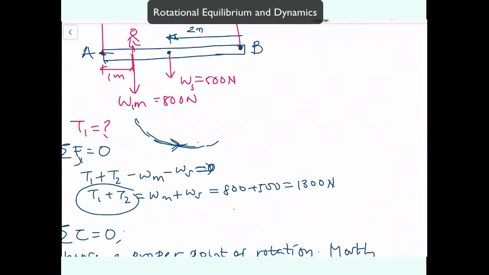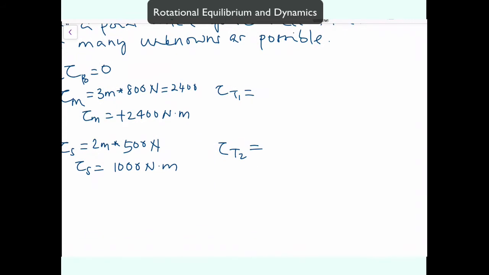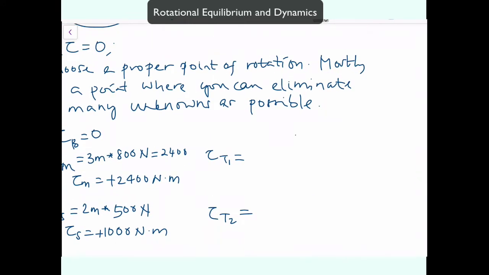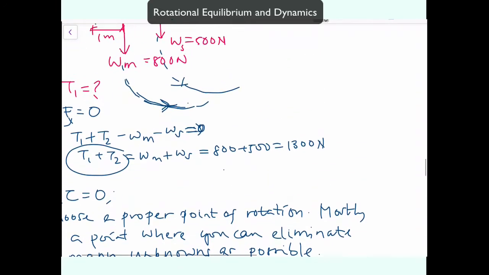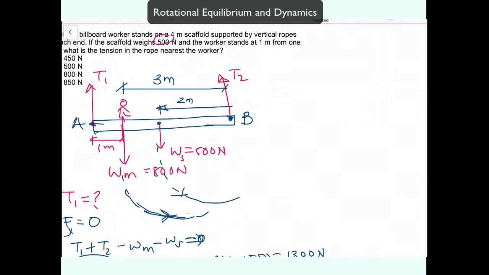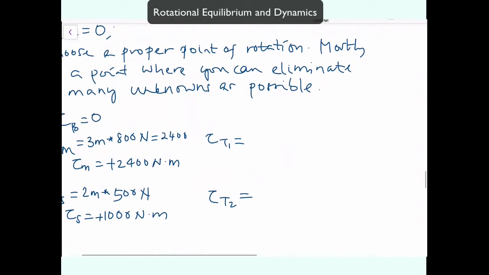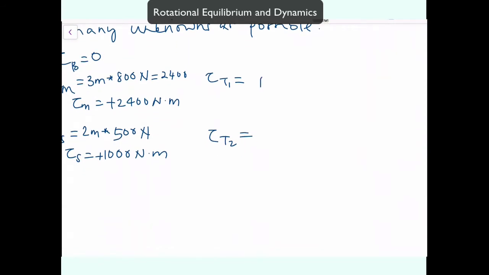Our point of reference is still point B, and this weight is also trying to rotate this in the counterclockwise direction, so it's also positive. Then the torque for T1. The distance from point B to T1 is the full length of the scaffold, which is 4 meters, multiplied by T1, which is unknown.